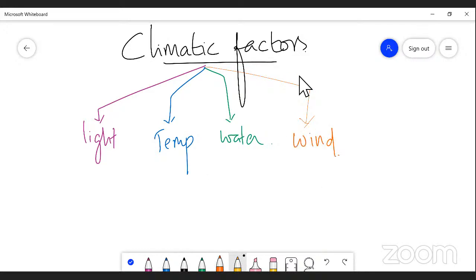Then finally, fire. So there are several factors involved in the plant system. They are light, temperature, water, wind, which is also known as air, and fire. So these are all the climatic factors.